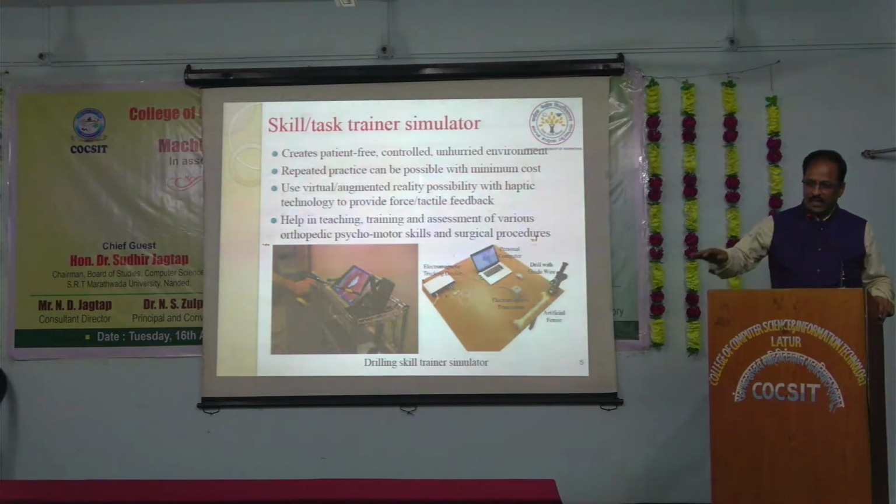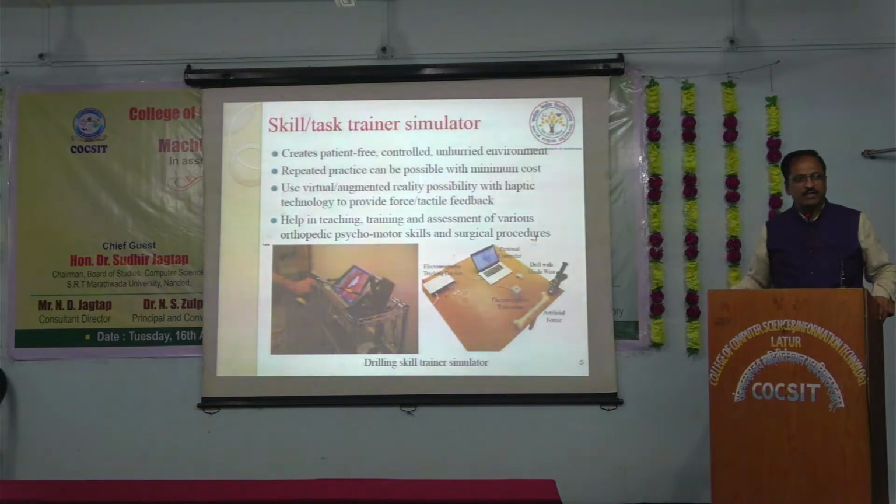The current practice is trial and error. When they do trial and error on a live person, what happens? It will be very difficult. They may make so many mistakes, and it will be very painful for the patients. We have seen cases where the problem is in the left leg and the doctors operated on the right leg.